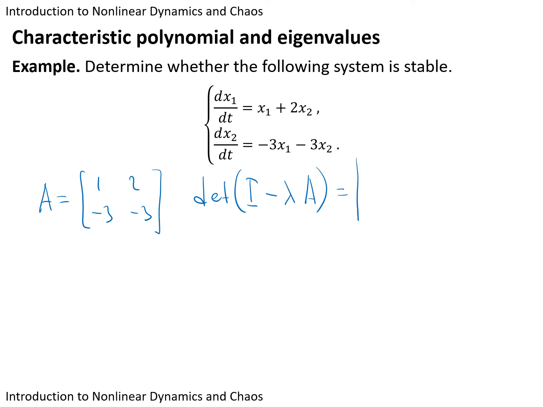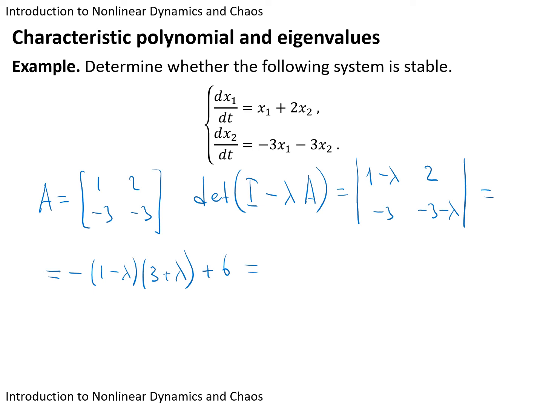So this will be 1 minus lambda, 2, minus 3, and minus 3 minus lambda. And let's continue. So this will be minus, and then 1 minus lambda, 3 plus lambda, and plus 6.